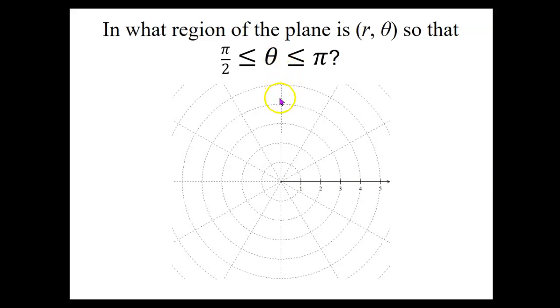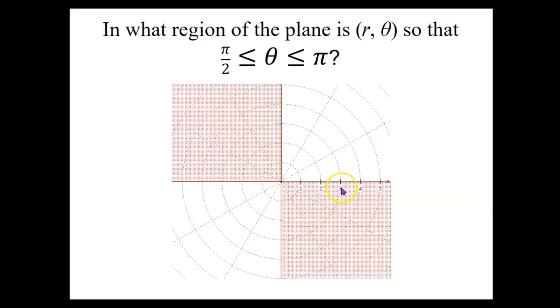So theta would be between pi over 2 and pi when we are in quadrant 2. If we just allow r to be positive, we just get quadrant 2. But if we also allow r to be negative, we also get points down here in quadrant 4. So these are the points that have polar coordinates r theta, where theta is somewhere between pi over 2 and pi.